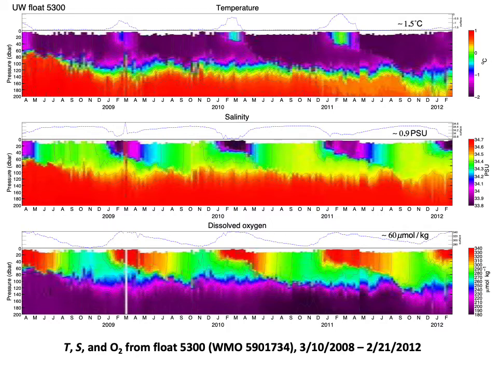If we look at temperature, you can see it starts out in light purple, then it gets darker as it gets colder, and then around February and March in 2009, the ice melts, the temperature increases to numbers that are about -1.5 degrees C. That persists for a couple of months while the ice is gone, and that lasts up until February of the next year, when once again the ice melts, we get warming.